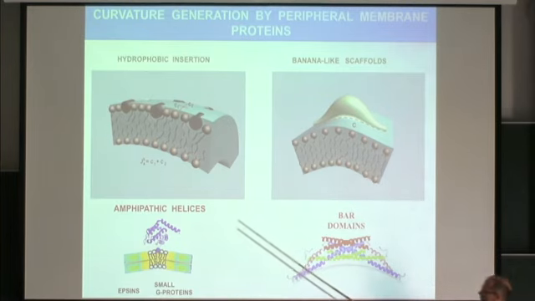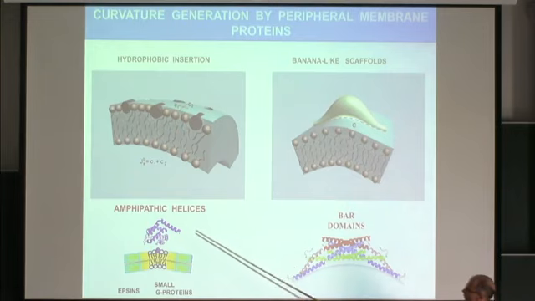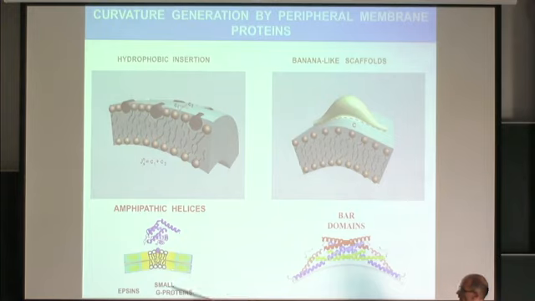The most obvious example of insertion-having proteins inducing membrane curvature are epsins, for example. Also many small G proteins, such as ARF, have small insertions, and most probably they bend membranes due to these insertions.